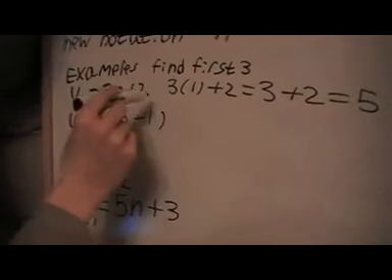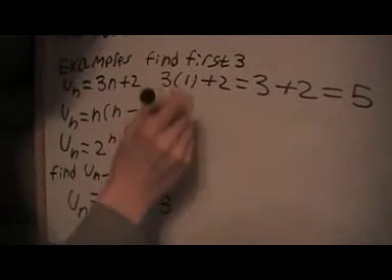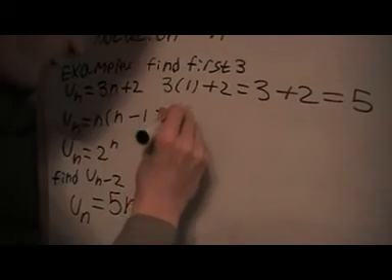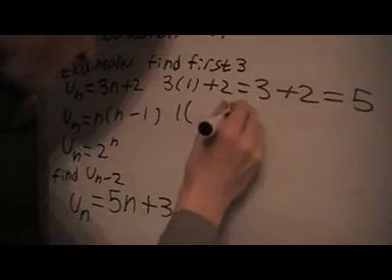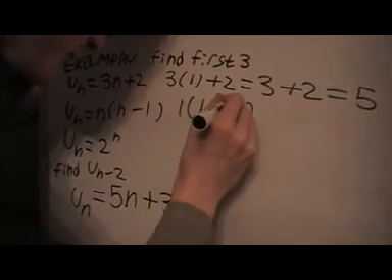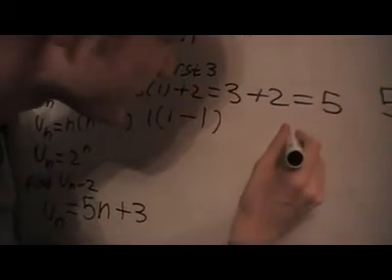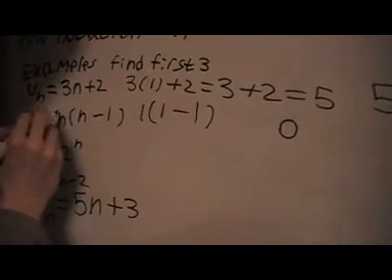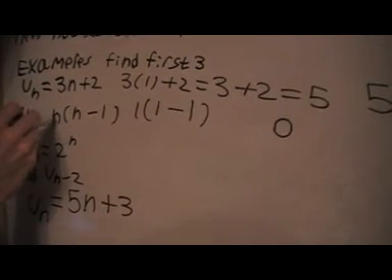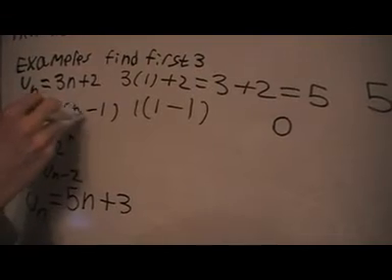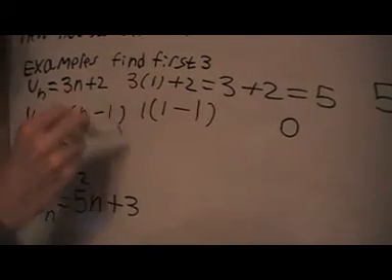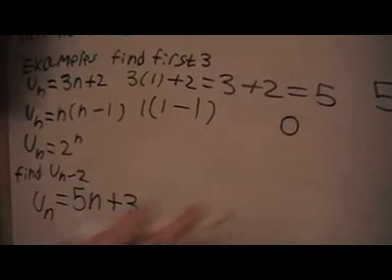Now, this next one's basically the same sort of thing. We put 1 in here, it would be 1 times 1 minus 1, which is 1 times 0, which would give us 0. Next, if we substitute 2 in here, that would give us 2 times 2 minus 1, which would be 2 times 1, which gives us 2.